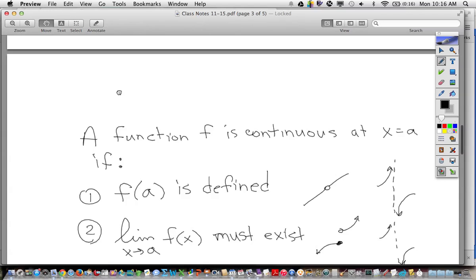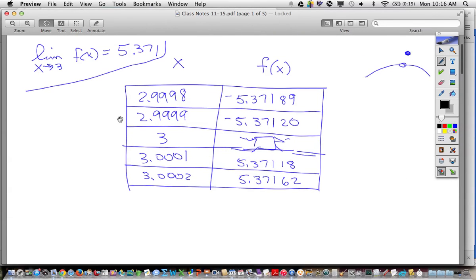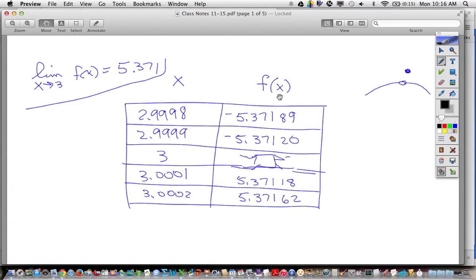Okay, so last time we were doing kind of these limit problems with the table. Okay, we don't really care what happens right here on this line as x approaches 3, but if we can see that these are, now I did change that. Now, the way I've got it written here, if these were negative and these were positive, what would you say the limit was on this one?